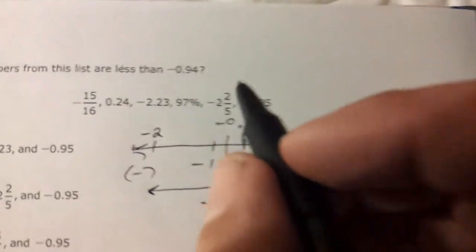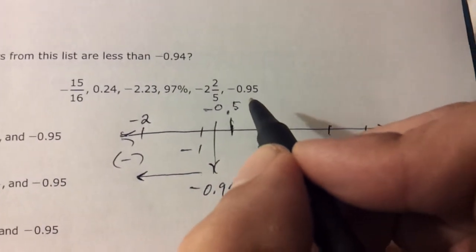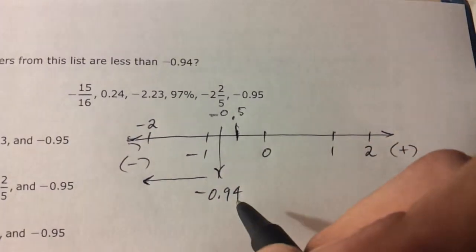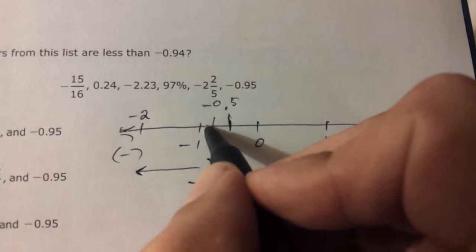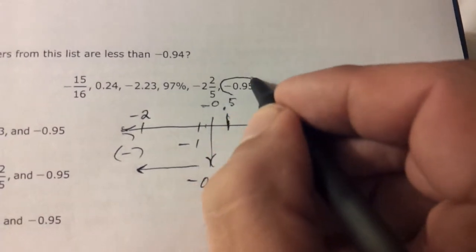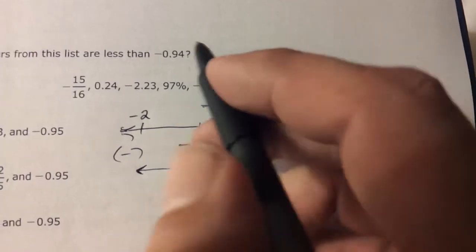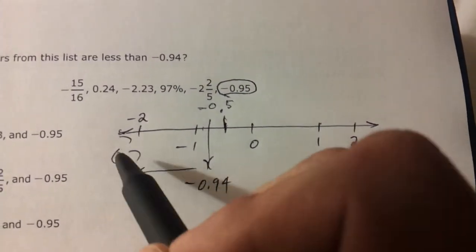Now let's take a look at the list real quick, to see which ones we know automatically are greater than. Well, negative 0.95 is bigger than 0.94 in that direction, so it's going to be right about there, which is less than negative 0.94. Remember, less than just means bigger in the negative direction.